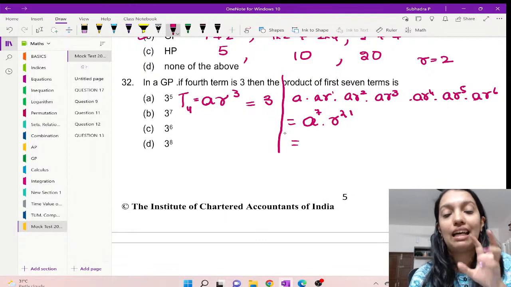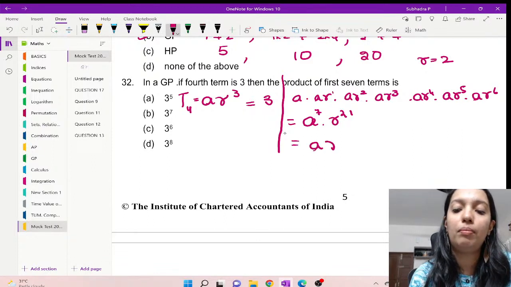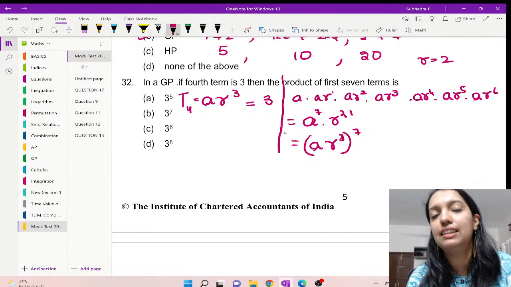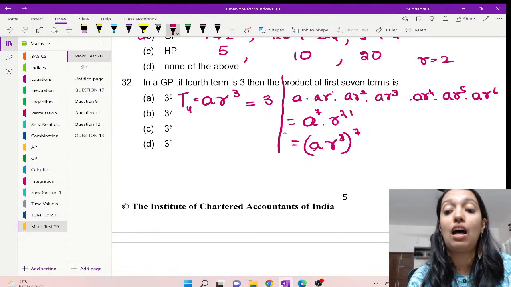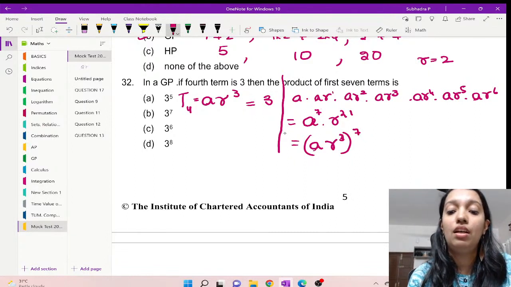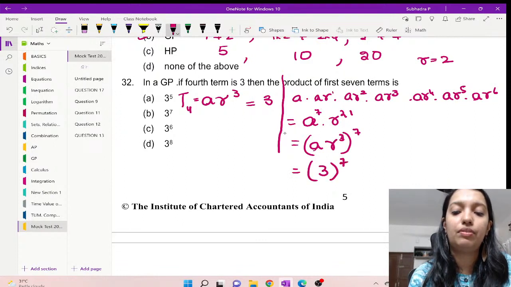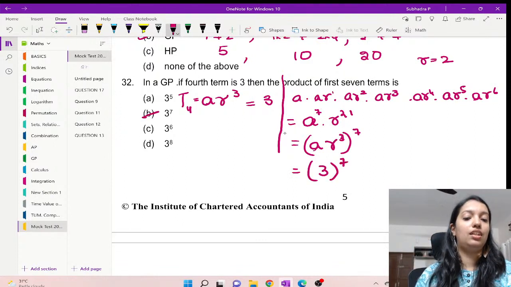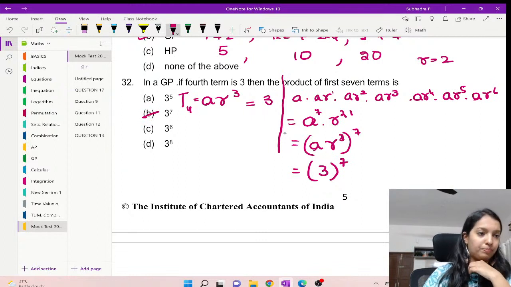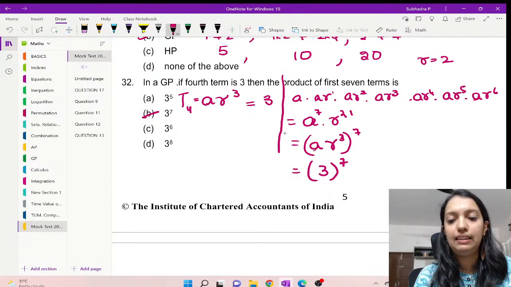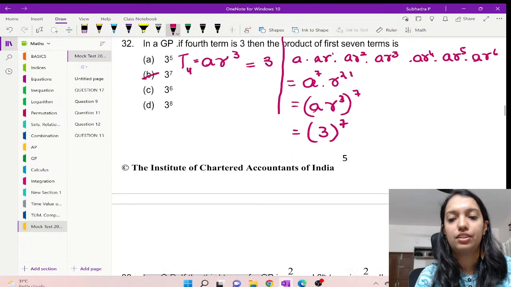Can I take 7 common from this and rewrite this? So it is AR cube whole to the power 7. AR cube value is given as 3. 3 to the power 7. Do I have this in the options? Yes, it is option B. So that is the 32nd question answer.